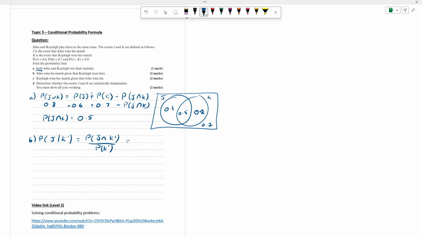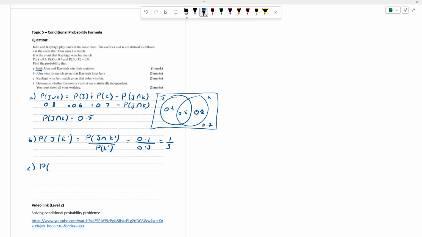On the top, in fact, let's do the bottom bit, it's a bit easier. Not K: if K is 0.7, not K is 0.3. The top, J intersecting not K, that's where John wins but Kaylee doesn't. So that's just this 0.1. And if I type it in my calculator, it comes out as a nice third. Let's leave it as that. It's a little bit easier to deal with.